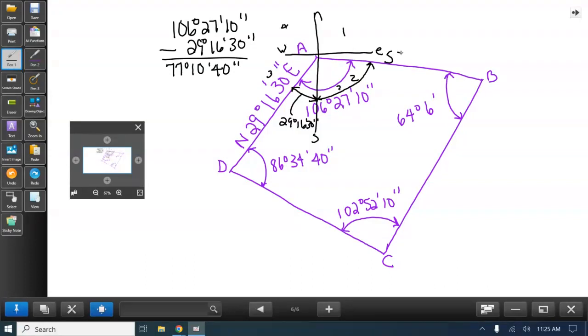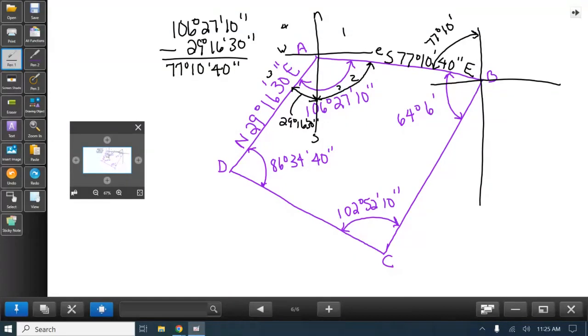So I'm going to write it on the line south. So we got 46 degrees, 06 minutes from angle to angle.